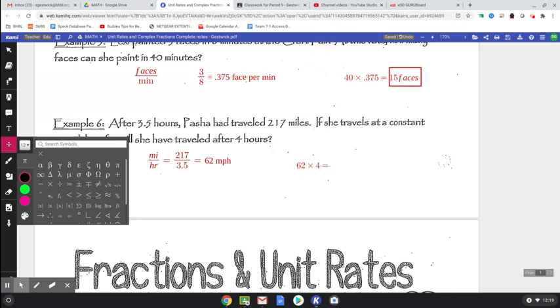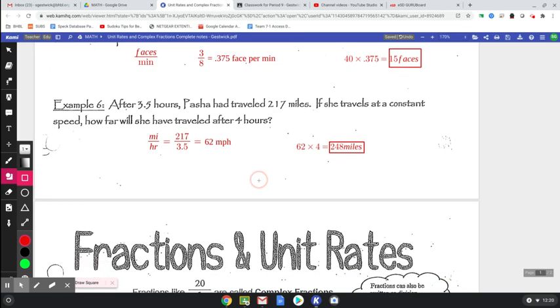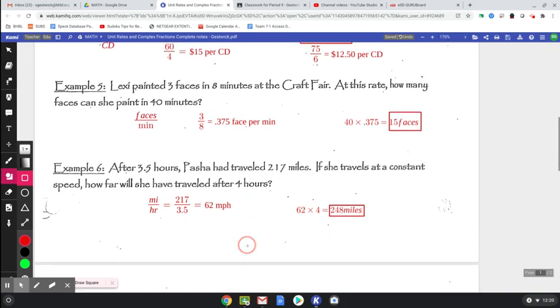You're probably ahead of me. 62 times 4. She will have gone 248 miles. Okie doke. So unit rate can be helpful when you can kind of break it down that way. Okay, so this was all typing in whole numbers, decimals, all that kind of stuff, getting the unit rates.